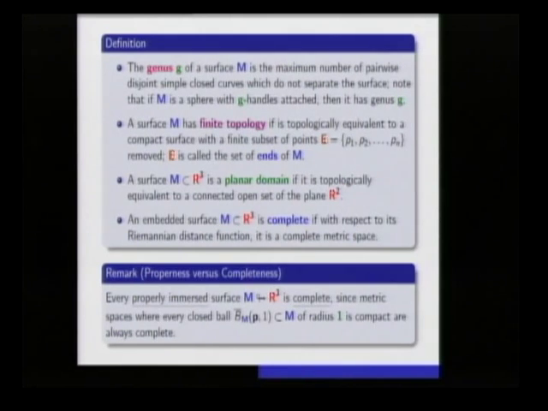By classification, genus 0 just means I can parameterize the surface by a domain in the plane. Classically, we say planar domains instead of genus 0. So that's a very important thing to keep in mind.